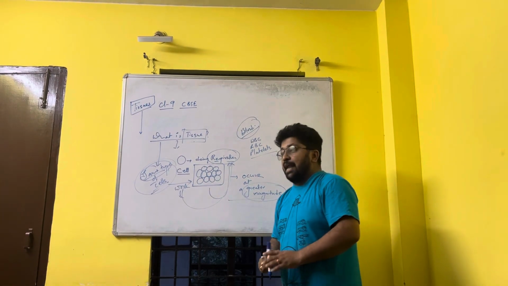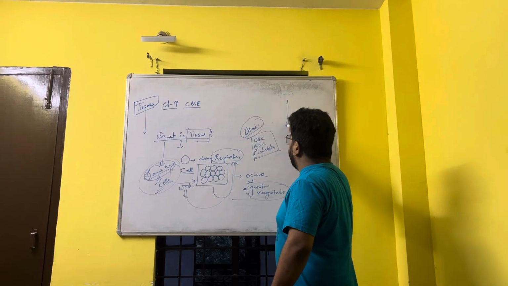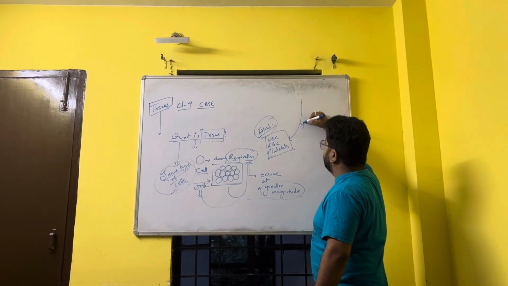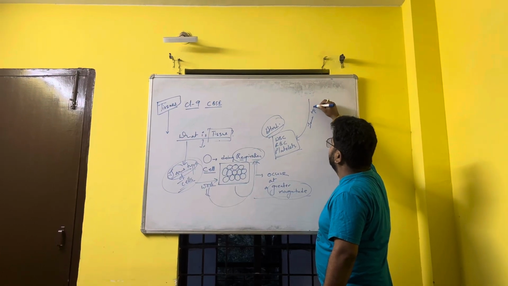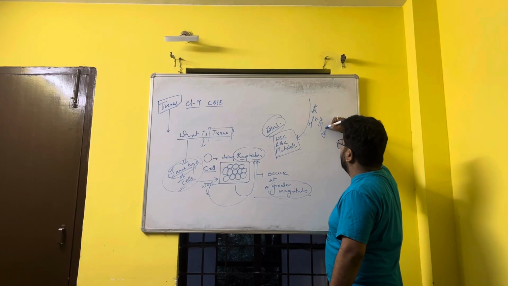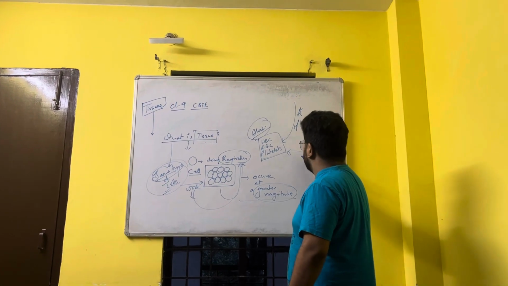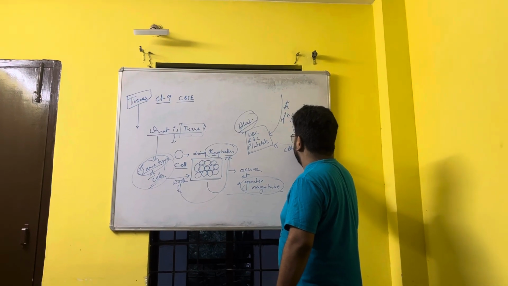For blood, I would like to tell you that WBC, RBC, platelets, all of them take birth from a same type of cell, which are present in the bone marrow. There is a process known as cell differentiation.